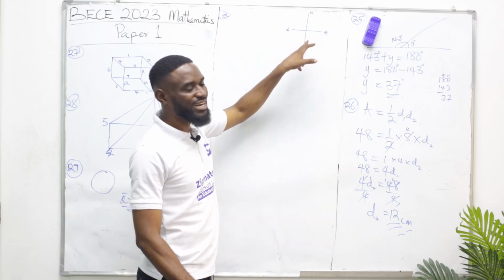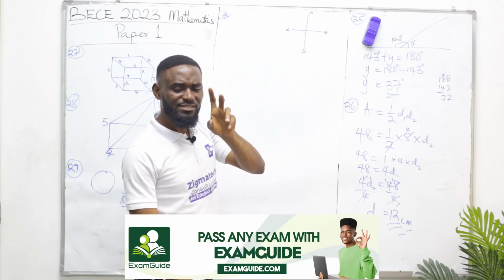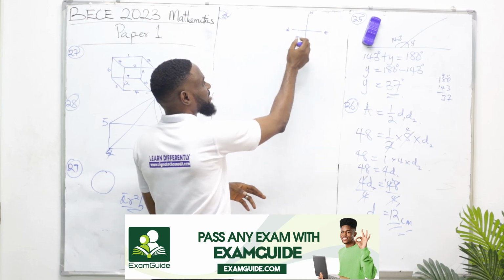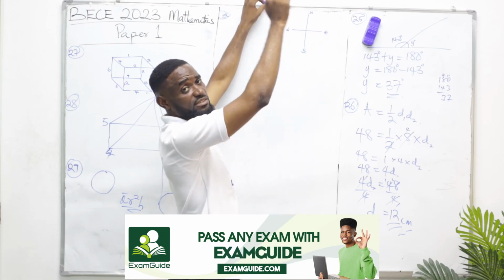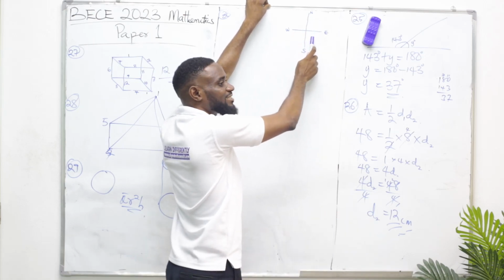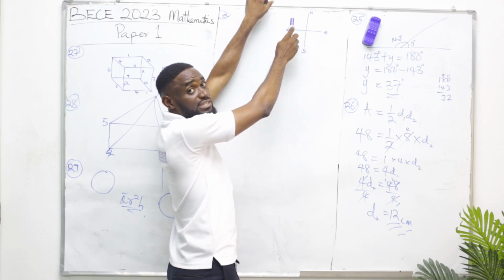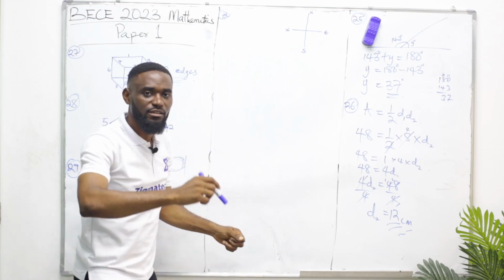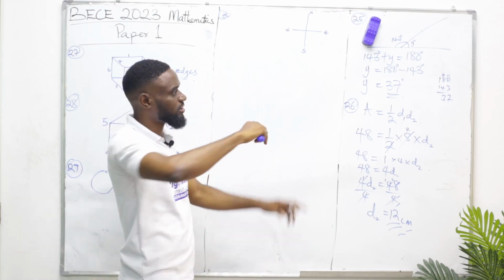Each of these quadrants is 90 degrees. So this is 90 degrees, 90, 90, 90. If you add them together, it gives us 360 degrees. So this is 90 degrees, here is 180 degrees, this is 270 degrees, and this is 360 degrees. Do you understand the point now? So we take our bearing in a clockwise direction. That is this direction.